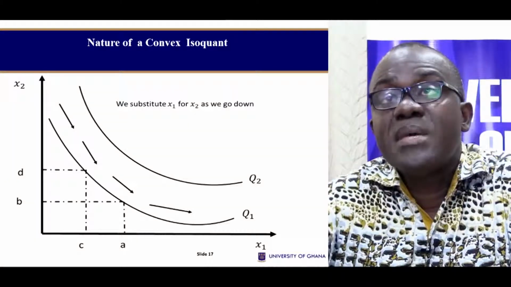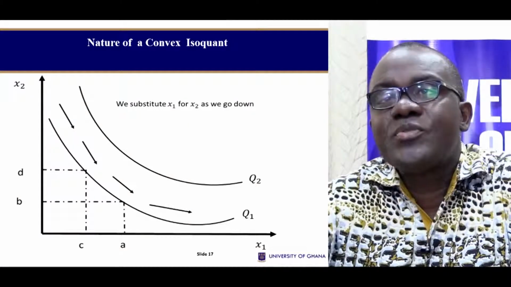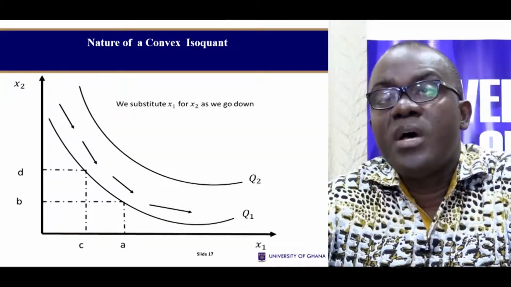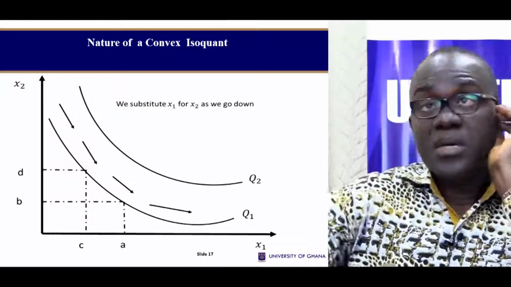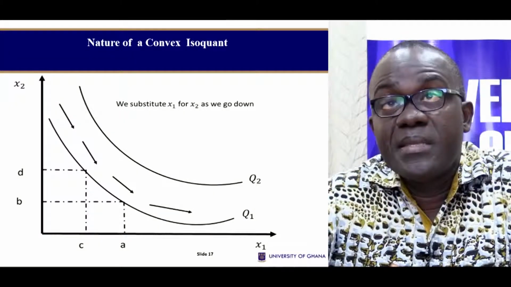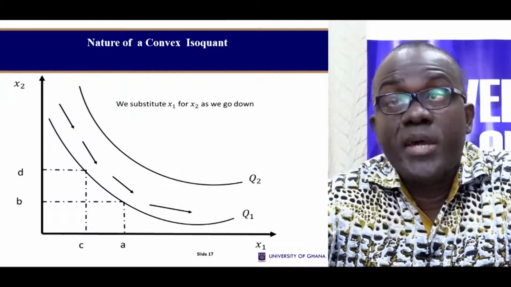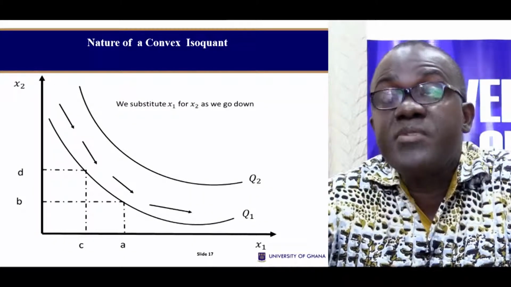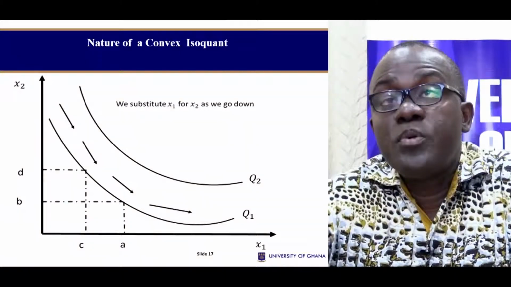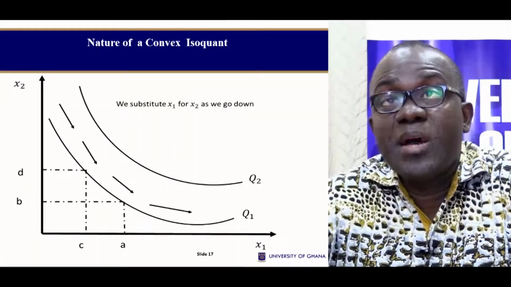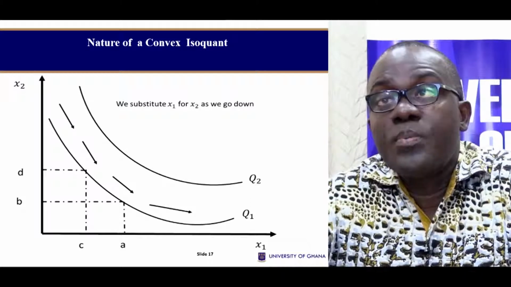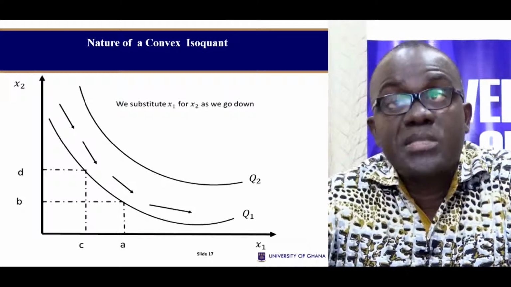Now we can decide to plot our isoquant, which you have met before. The gradient of this isoquant is negative, because as you increase one input, you have to reduce the other in order to ensure that your output level is kept constant.